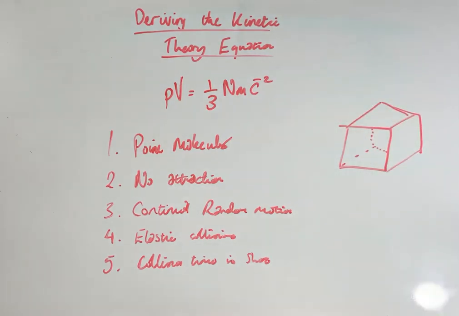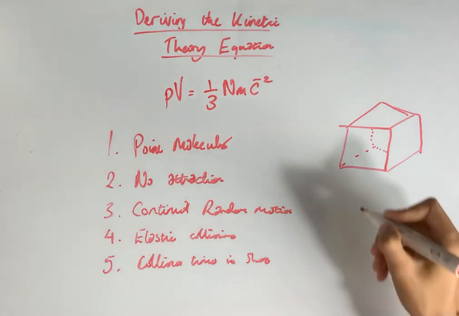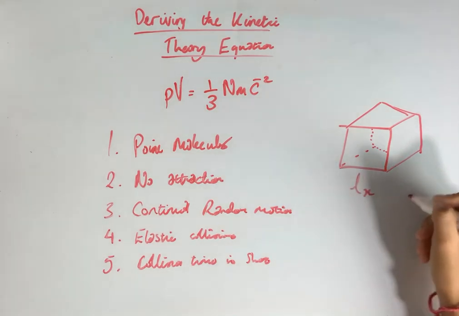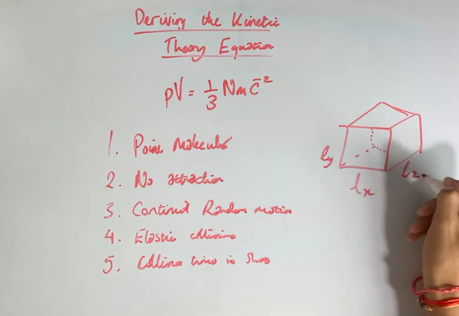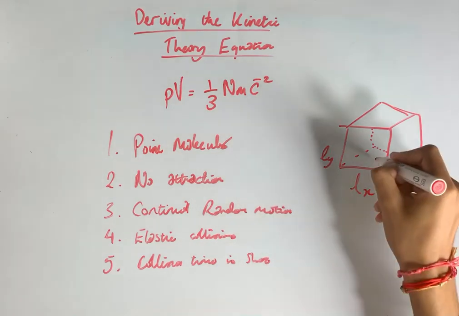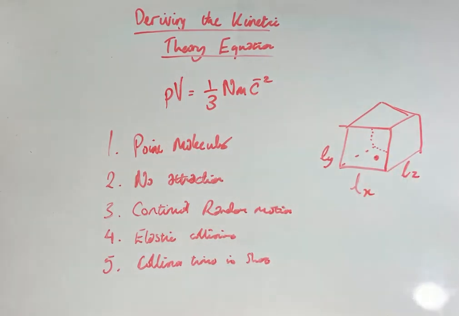I think that's better. We're just going to imagine that this has dimensions Lx, Ly, and Lz. And there's a particle in that box with a velocity in each direction.